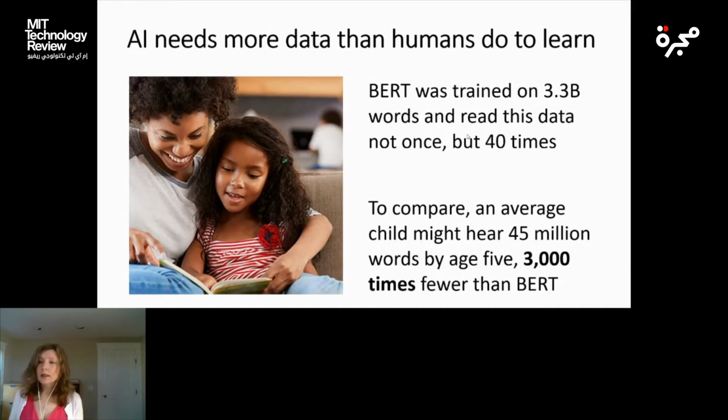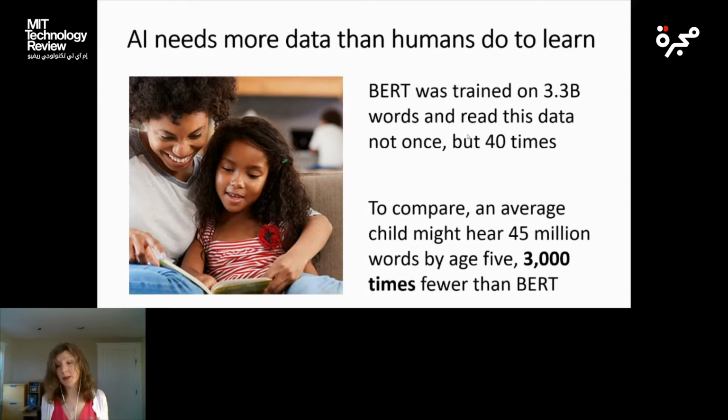And the size of that text data set was 3.3 billion words. But while training, I mentioned earlier that the AI model has to go through and look at the data multiple times to keep correcting its mistakes. And so during learning, it actually looks at these 3 billion words 40 times.